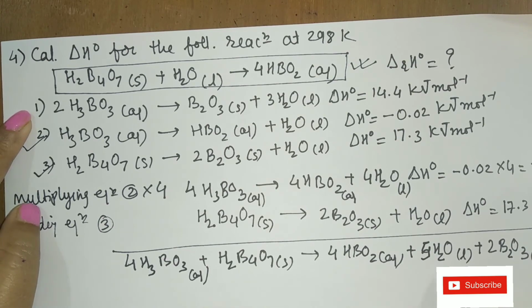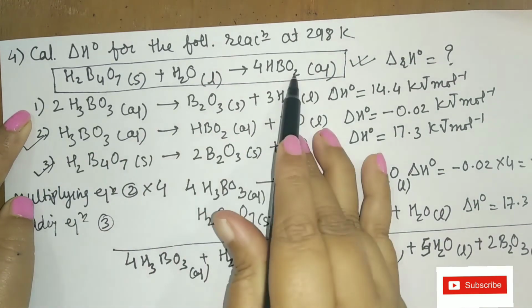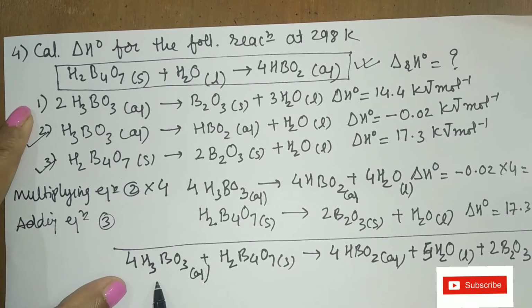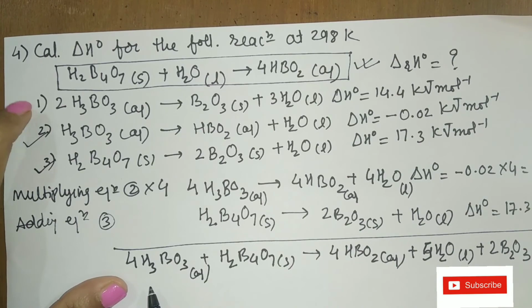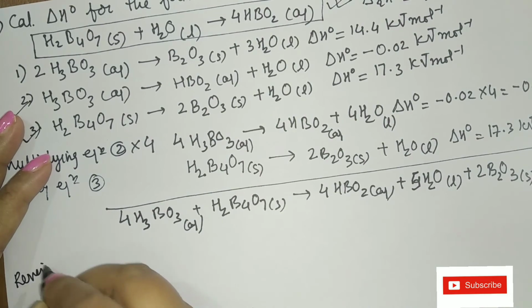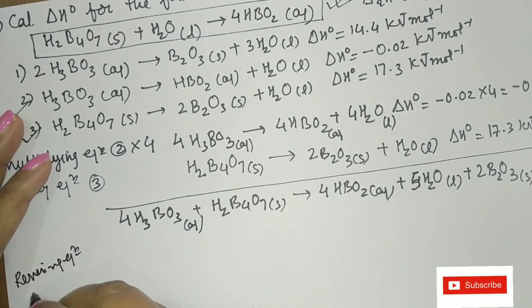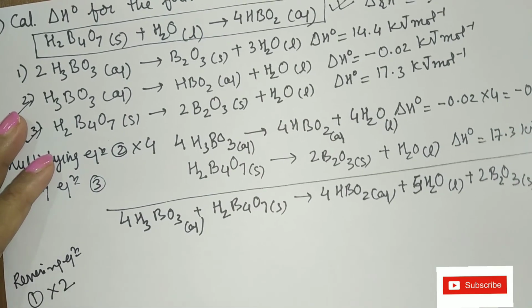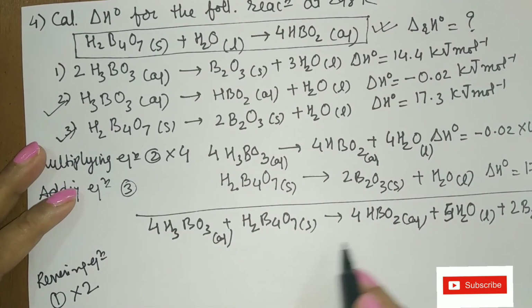I don't want here other than the 3 terms. Means I don't want this term. So how I can remove this? I can reverse this equation and multiply that by 2. So what will be the next one? Reversing equation 1 and multiplying it by 2, and then adding that to this.